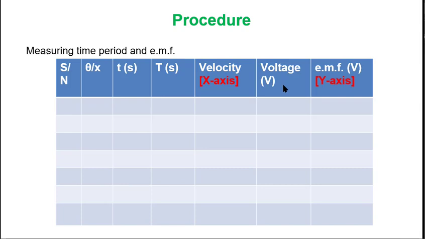The voltage divided by 10 will give you the EMF. Now to verify Faraday's law you need to draw a graph between the velocity of the magnet on the x-axis and the EMF for each velocity of the magnet on the y-axis. This graph must be a straight line.